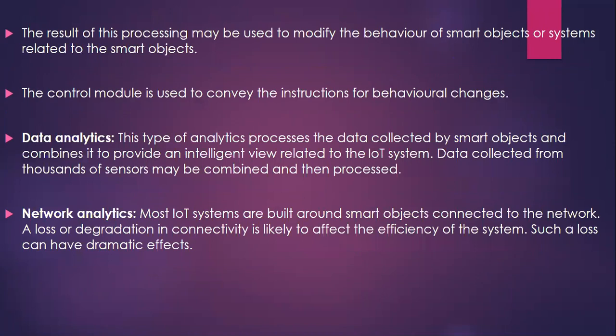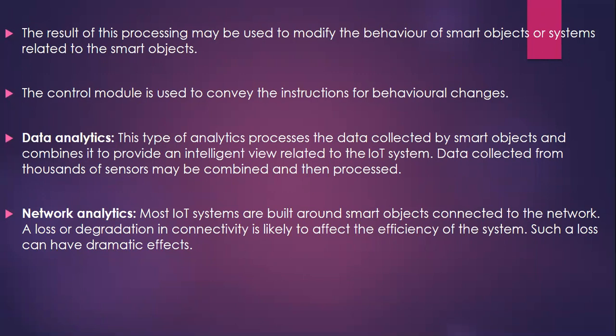The result of this processing may be used to modify the behavior of smart objects or systems related to the smart object. The control module is used to convey the instruction for behavioral changes. So this is what we can achieve by using control and analytics applications. Then later, we have data analytics. This type of analytics processes the data collected by smart objects and combines it to provide an intelligent view related to the IoT system.